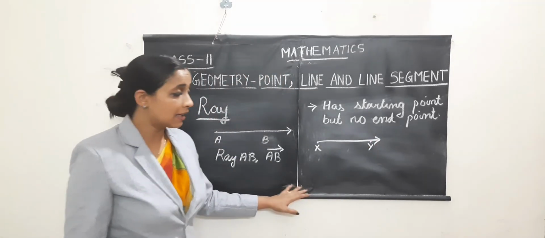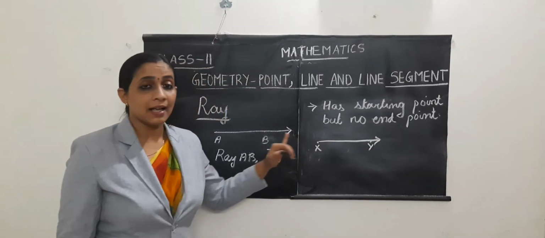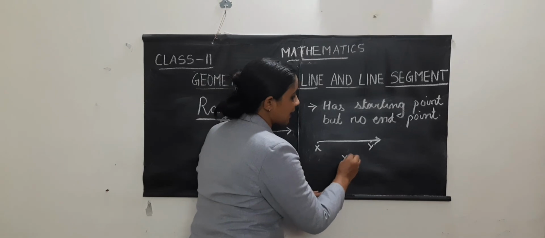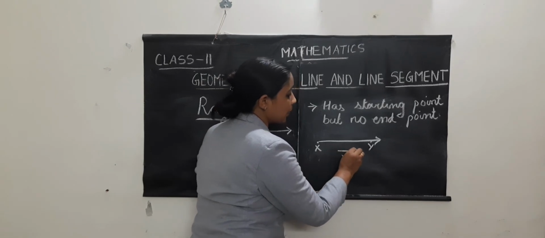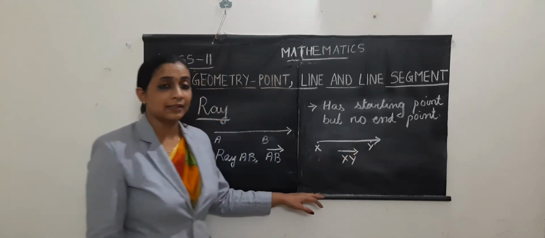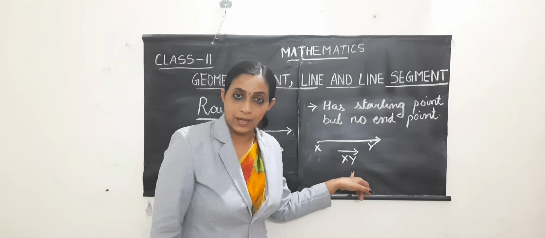This is a ray. It has no end point but has a start point. You write X, Y, and on the top you draw a line with an arrow on one side. You will read it as ray XY.